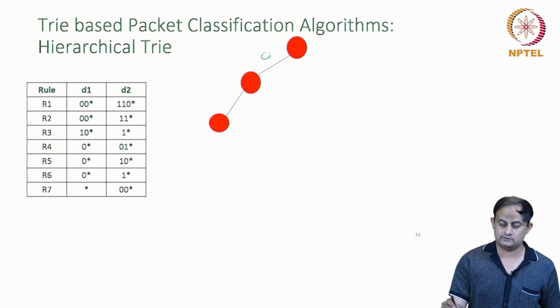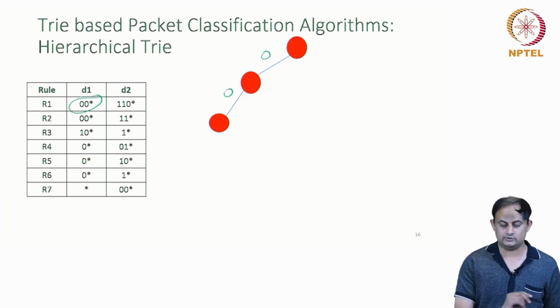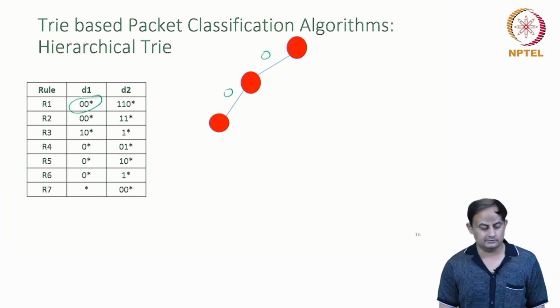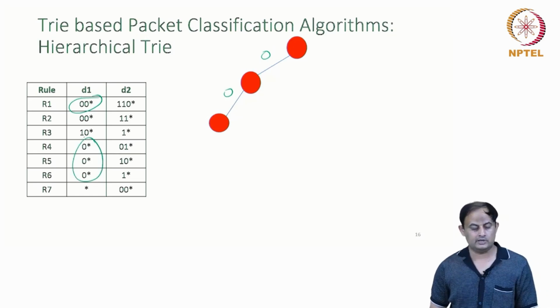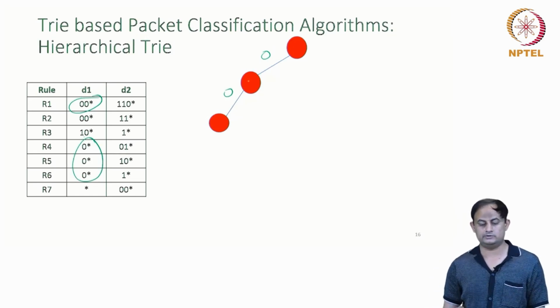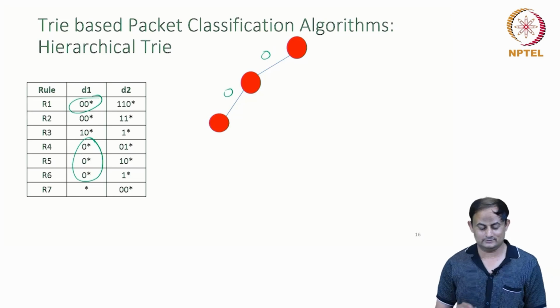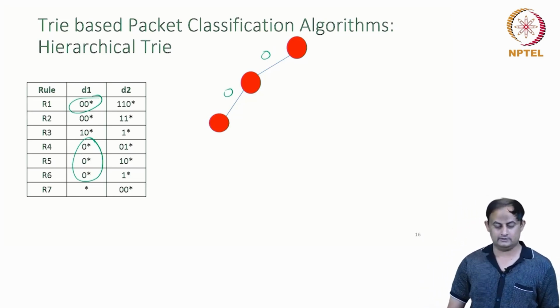So this is a 0, this is a 0, and this 0 0 star is now taken care of. Similarly, another possibility is 0 star, which is why I have highlighted this node also with red color.